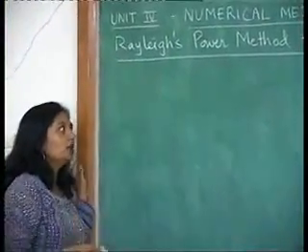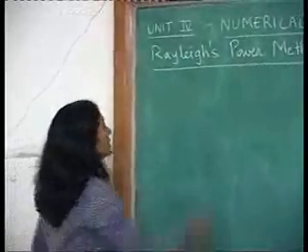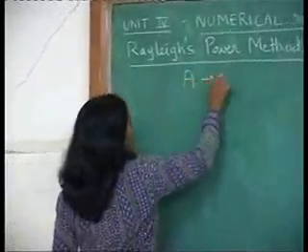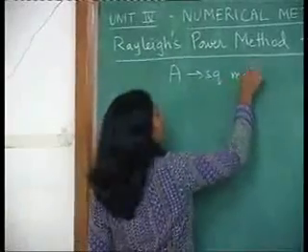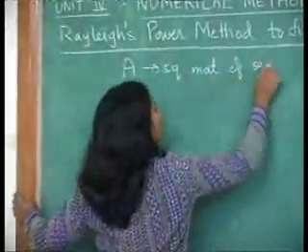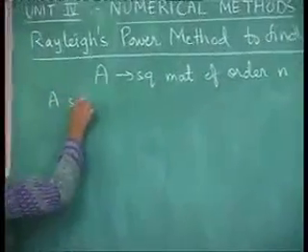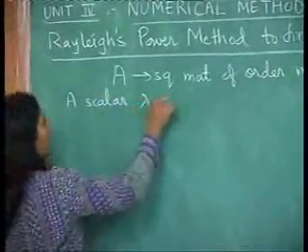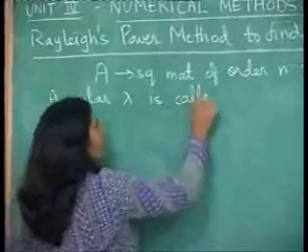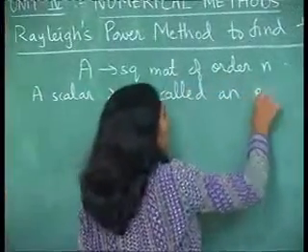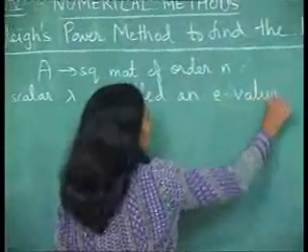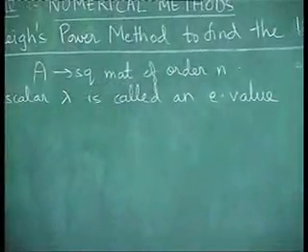Let me quickly recall the definition. Suppose A is a square matrix of order n. A scalar lambda is called an eigenvalue of A. Lambda can be either a real number or a complex number.